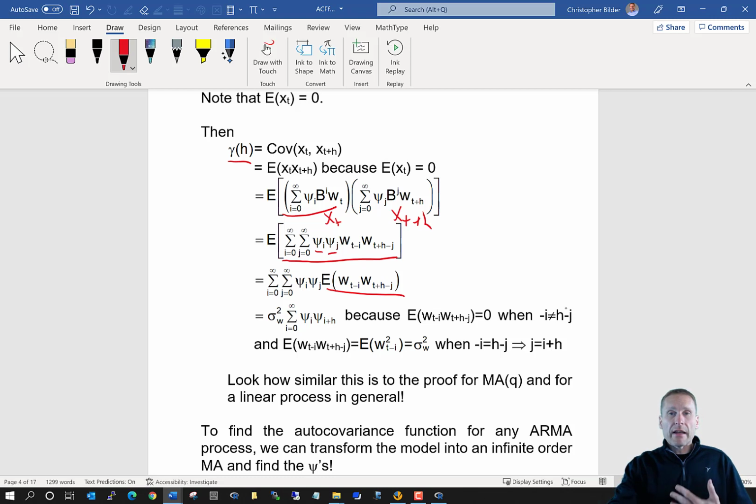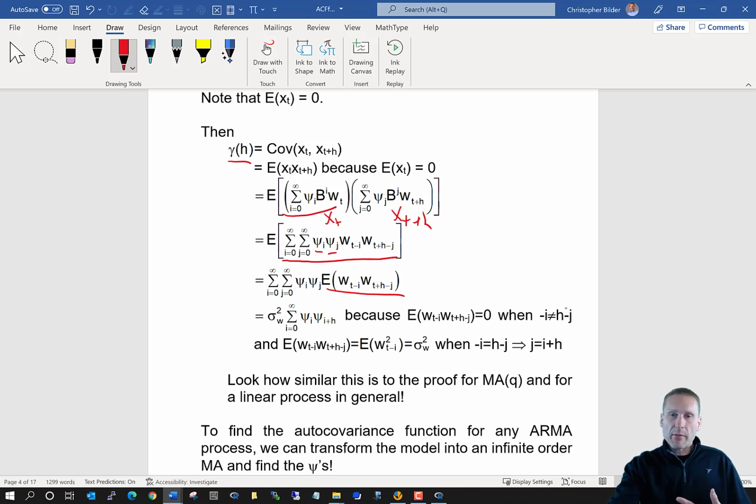Then, again, we are only concerned with the terms where the subscripts match up on the W's, because otherwise, because of independence amongst the W's, we get a value of 0 for the expectation.